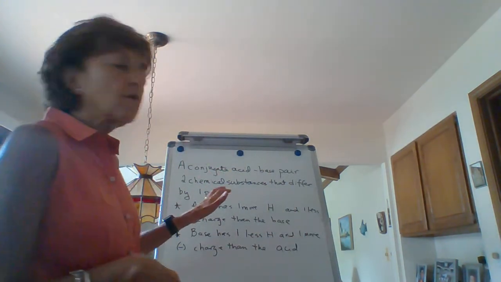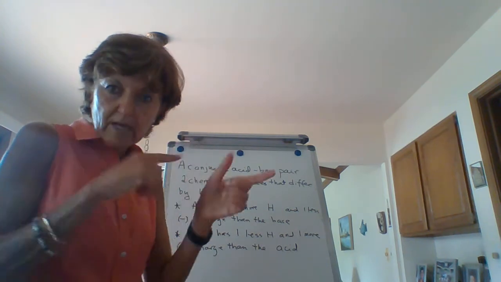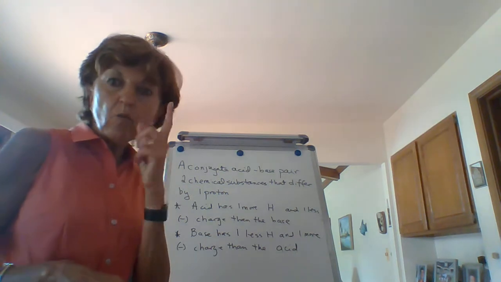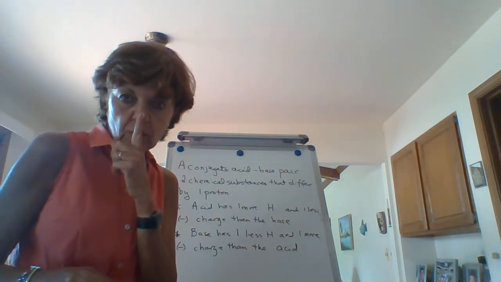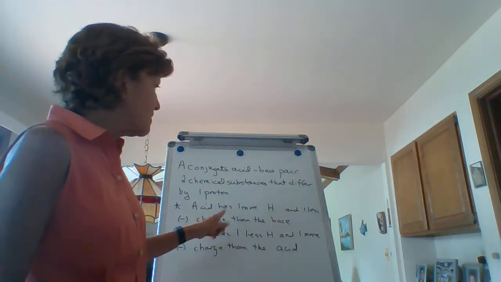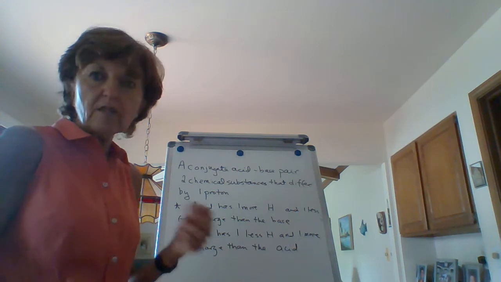So here's the deal. A conjugate acid-base pair, the two things that are linked, are two chemical substances that differ by one proton. Always differ by one proton. The acid has one more hydrogen and one less negative charge than the base.